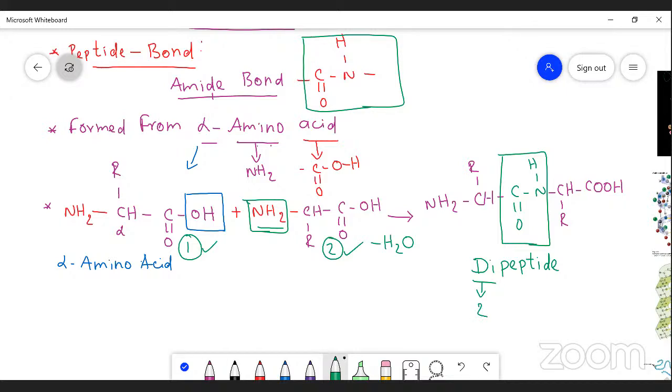Now there may be a question: a dipeptide contains how many peptide linkages? A dipeptide contains only 1 peptide bond. Correct? So, if we take one more example, a tripeptide.